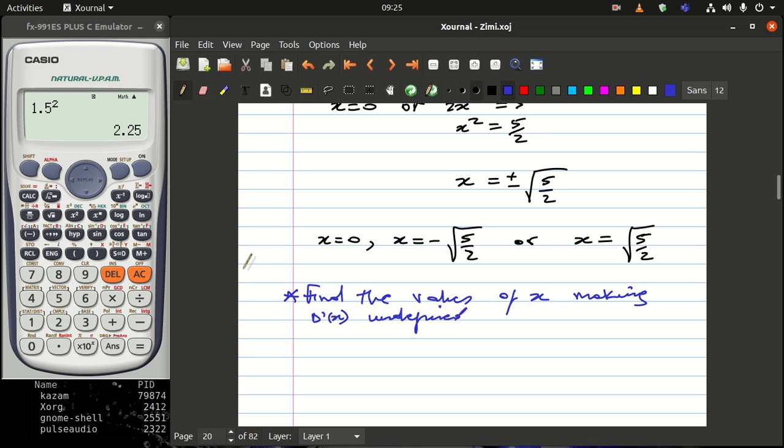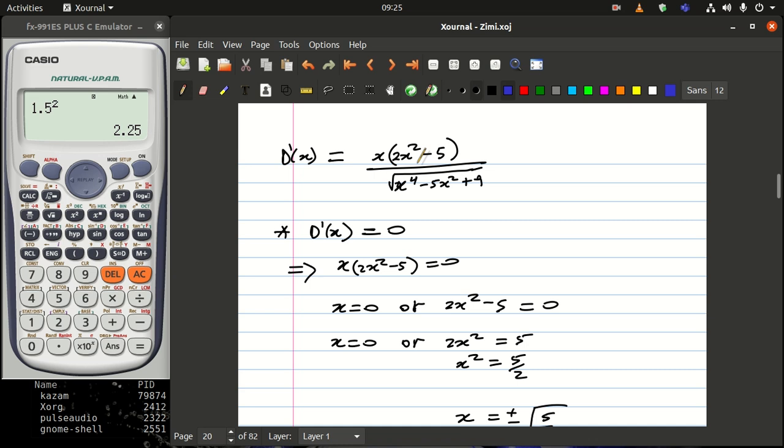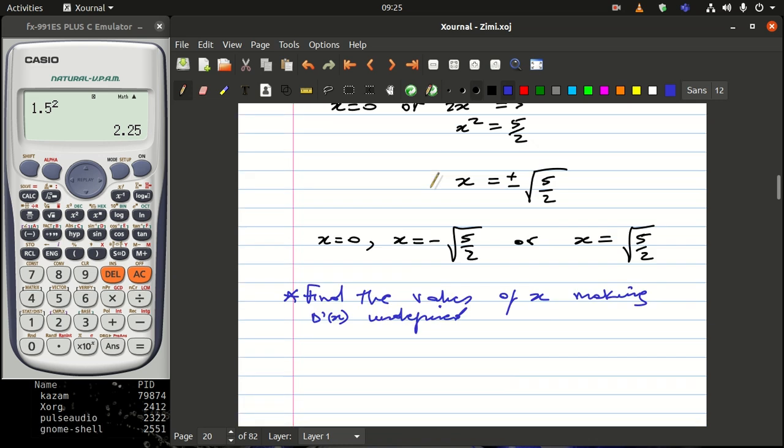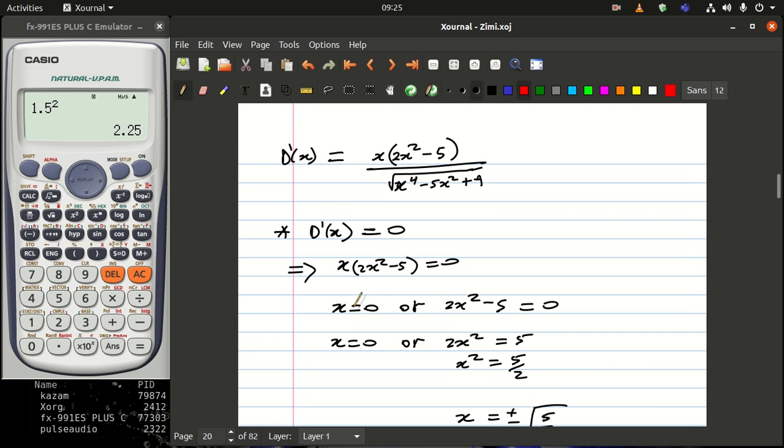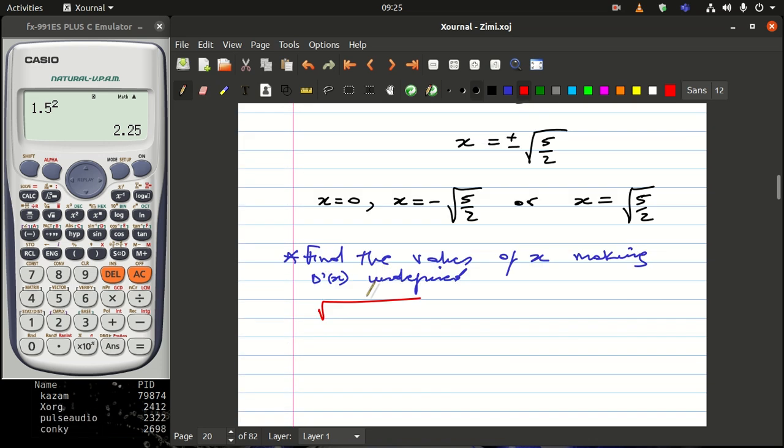So for this one here to be undefined, it is going to be undefined if the denominator is equal to 0. So in other words, we are looking for the square root of x to the power 4 minus 5x squared plus a 9 equal to 0.